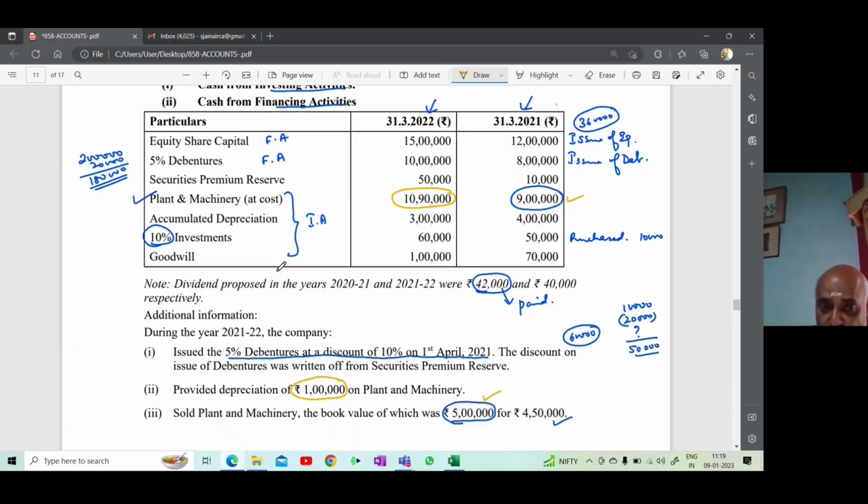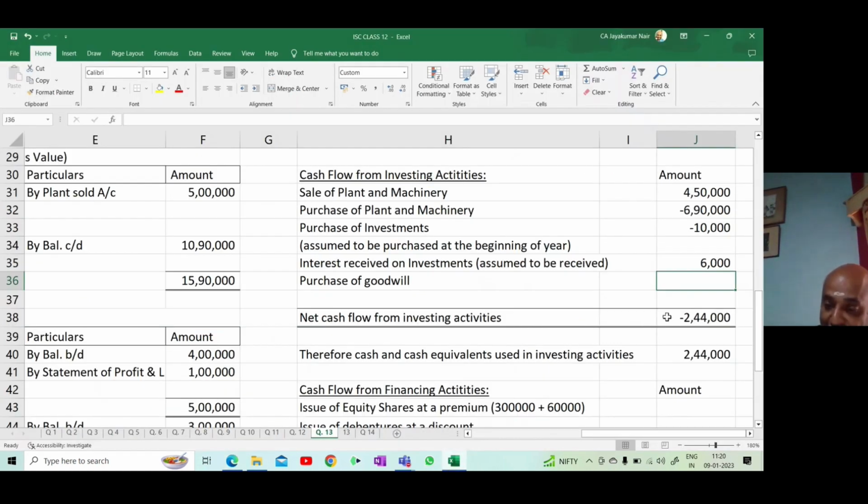And you have also purchased goodwill. Last year it is 70, now it is 1 lakh. Remember, when there is an increase in goodwill, it is assumed as purchase unless they say otherwise. If there is a decrease in goodwill, we normally take it as goodwill written off. So here it is an increase, therefore we will take it as purchase. 30,000 worth of goodwill purchase, therefore negative 30,000.